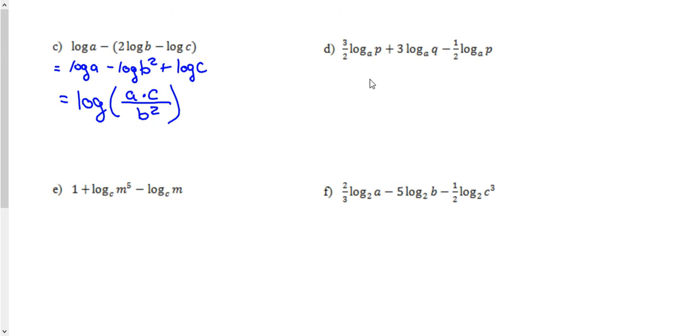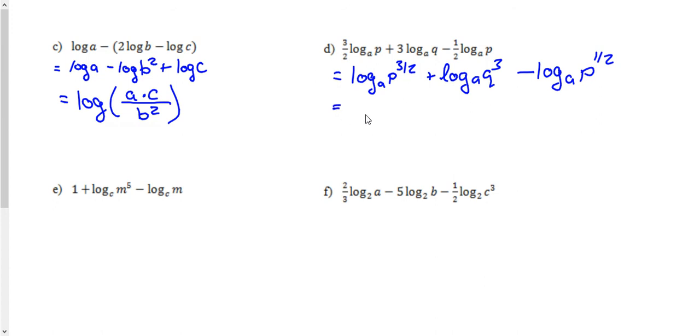There we go. Over here, I'm going to move all my coefficients up, of course. So let's start there. So log a of p to the 3/2 plus log a q cubed minus log a p to the 1/2. Let's rewrite this.